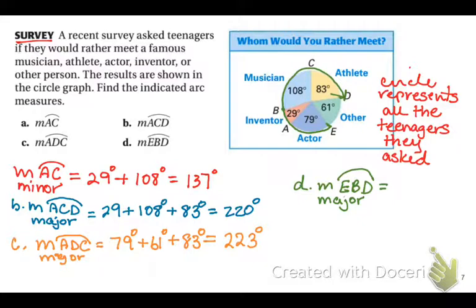So we're going to add 79 plus 29 degrees plus 108 degrees plus 83 degrees, and that's all going to be equal to 299 degrees.